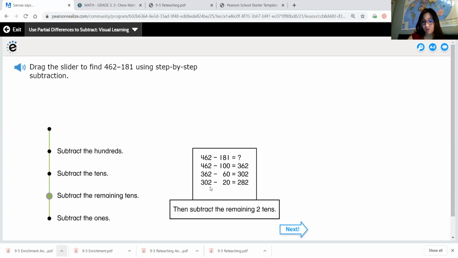Then we subtract the remaining 2 tens, so minus 20. That leaves us with 282. Remember, we have 1 to subtract. So that's that last step. There we go. 282 minus 1 equals 281.